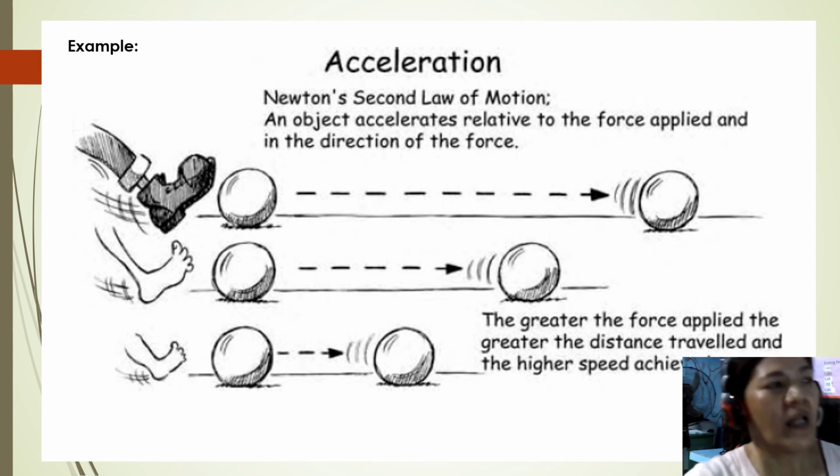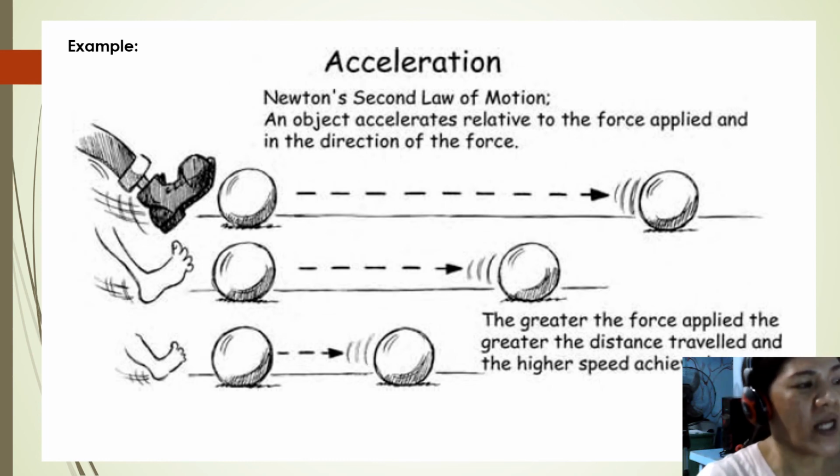Now, let us proceed to the example of acceleration. Try to look at this illustration. An object accelerates relative to the force applied and in the direction of the force. As you can see on the first illustration, the greater force applied has greater acceleration.